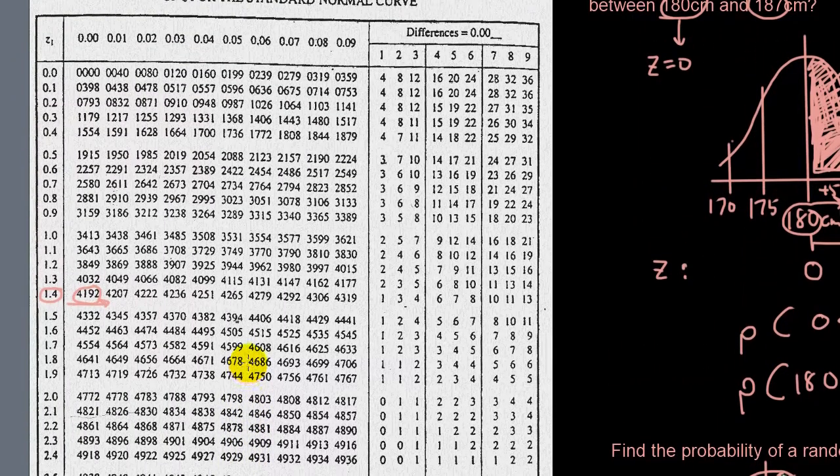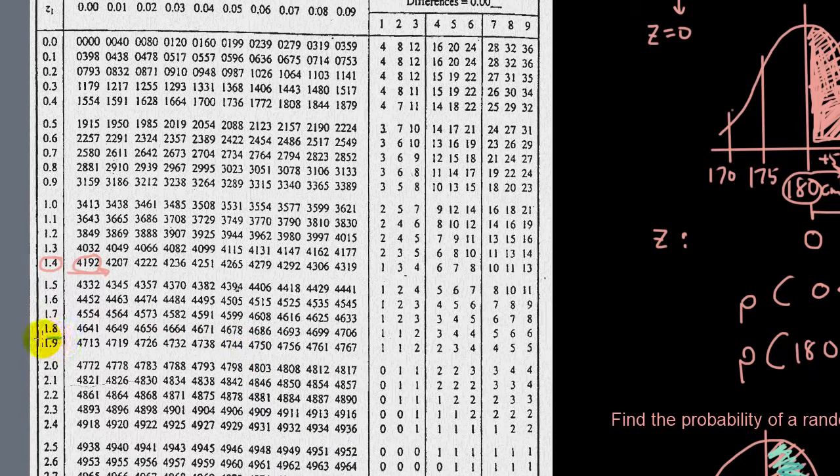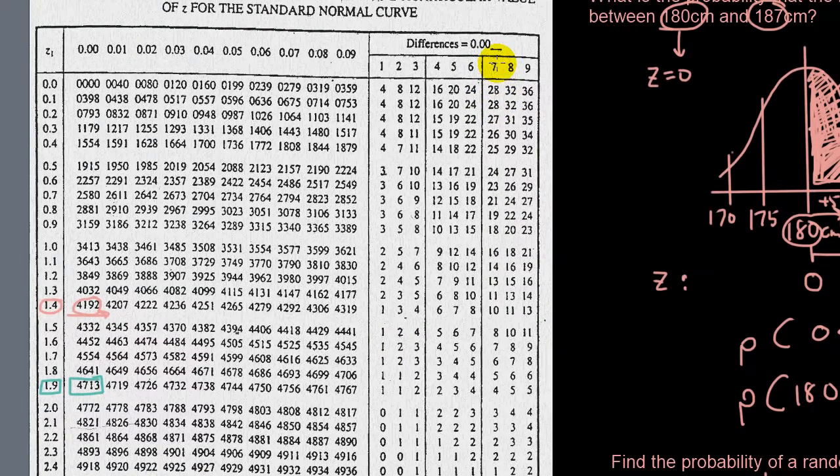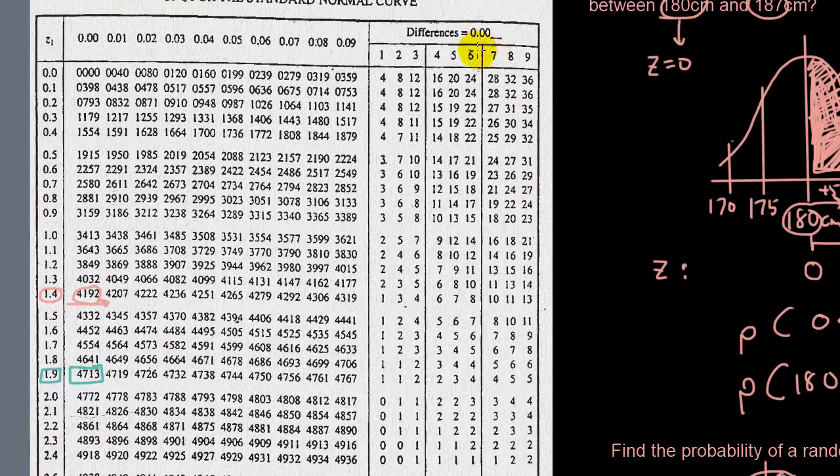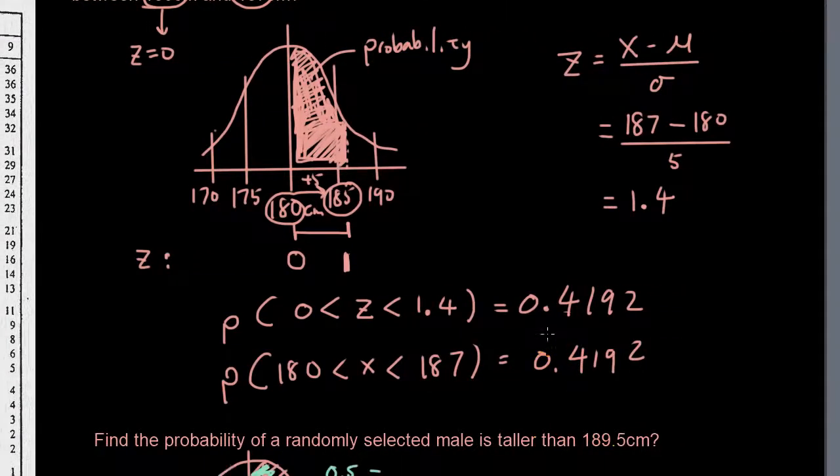I have 1.9 on the left. I have 0 again, 1.90, but I have a 6. So how do I use this column? Well, let's go to 1.906. Let's go to this column and let's get that number. So what we do is we add this number to the last digit of this probability. So it's 4713. So what I'm going to do is I'm going to write it out.